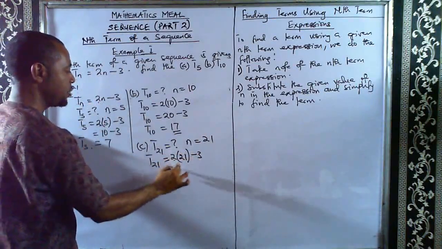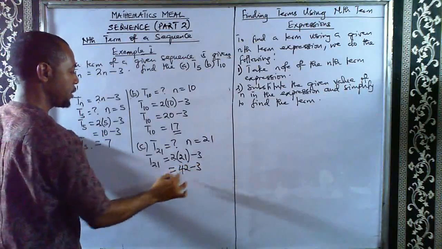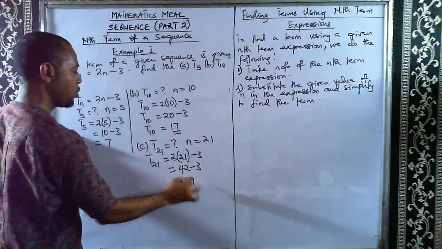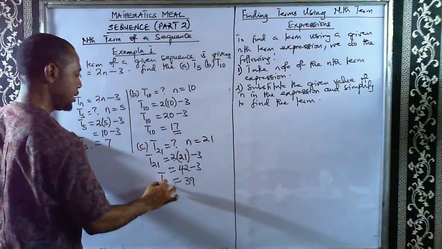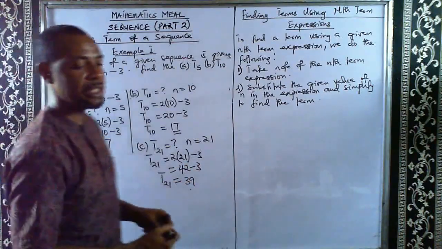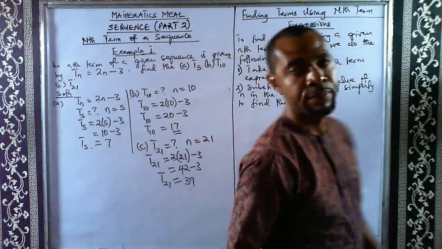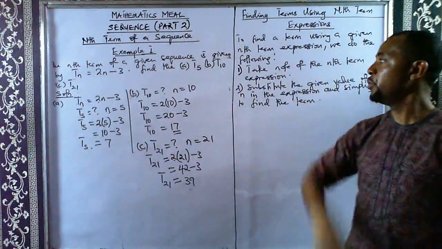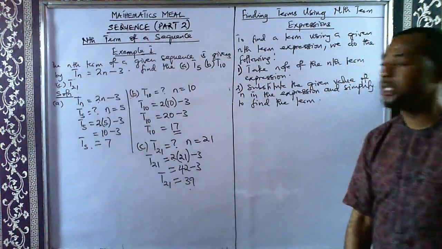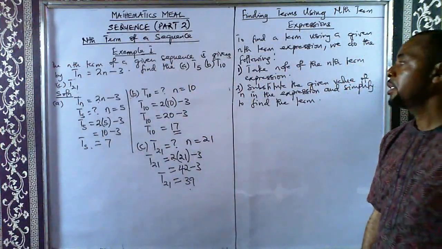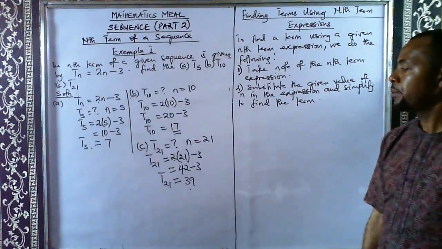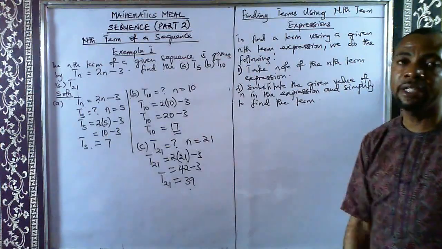So 2 times 21 will give me 42 minus 3. And 42 minus 3 will give us 39. So the 21st term is 39. So you see, we can actually use the n-term expression in finding terms, as we can see here.